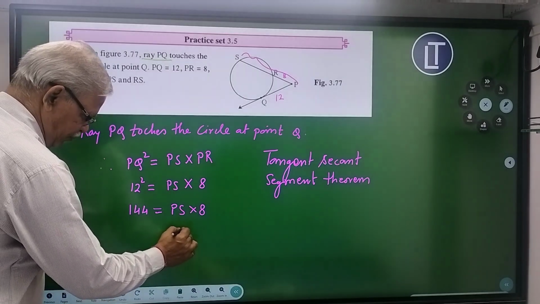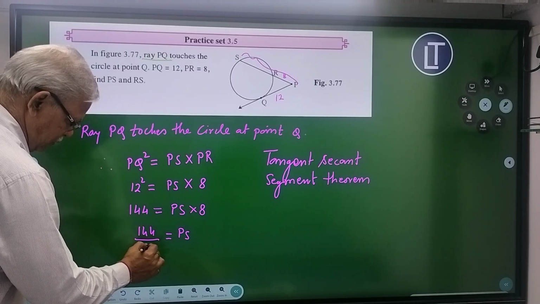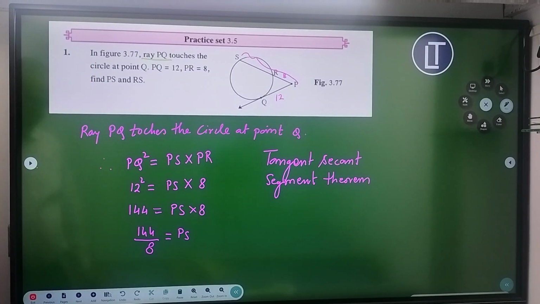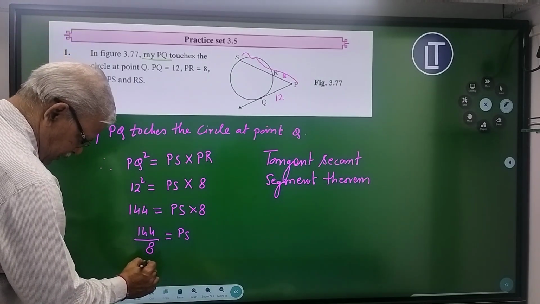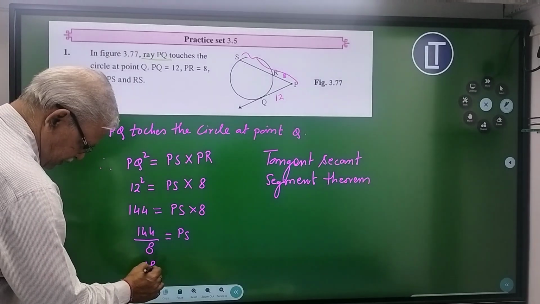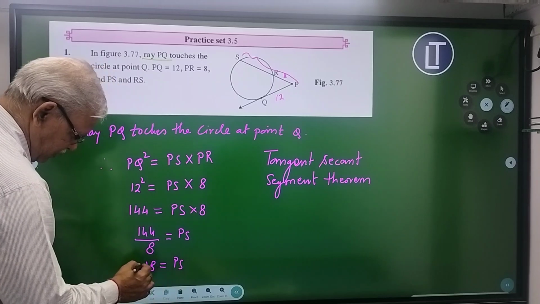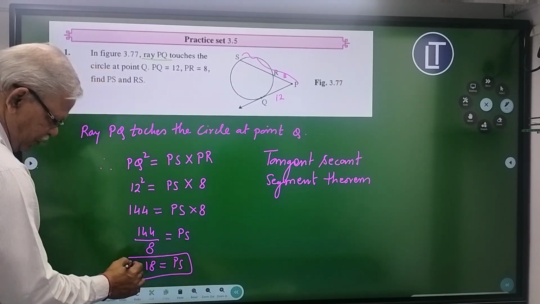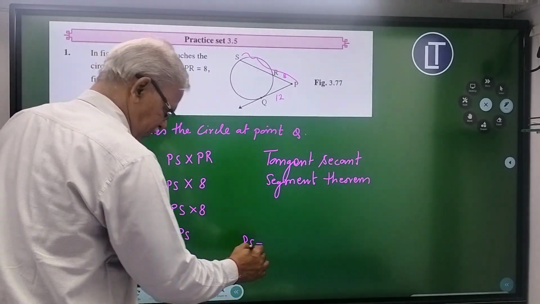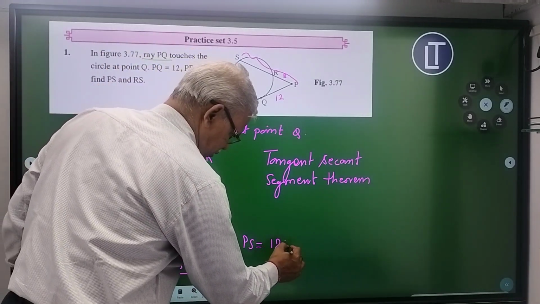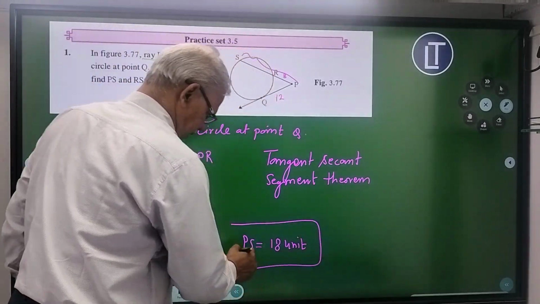Therefore, PS is equal to 144 upon 8. Now 8 1s are 8 and 8 8s are 64. That is PS is equal to 18. You can write PS, because here unit is not given, 18 unit.